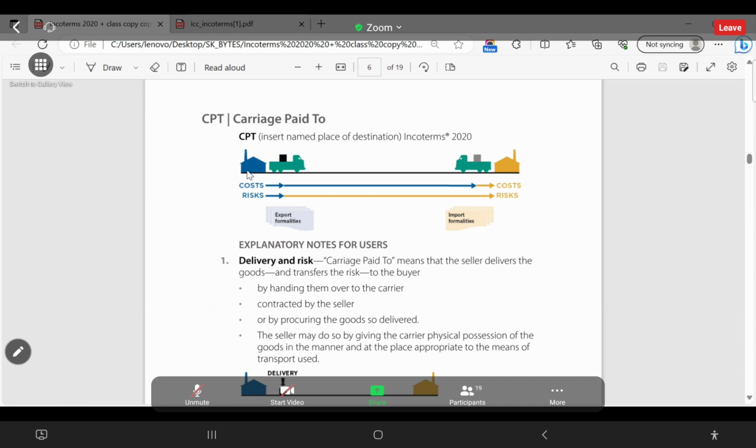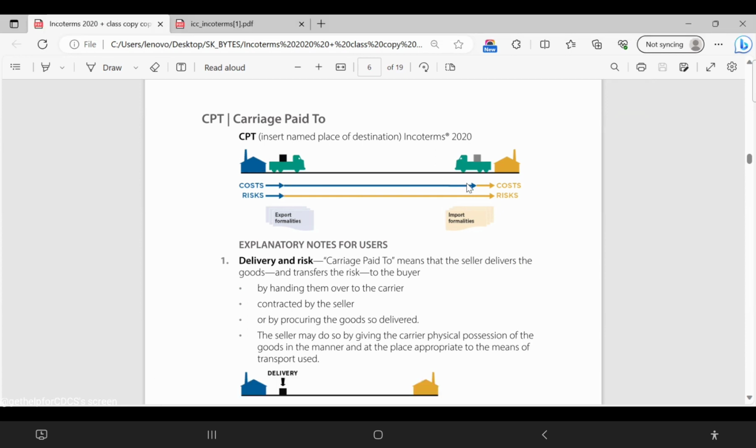Okay. The seller is paying the freight until the place of destination. He is paying the freight here, but he is delivering it here only. That is what I'm trying to tell you. If something happens from this point to this point, once the goods are received by the first carrier, the seller is said to have delivered.